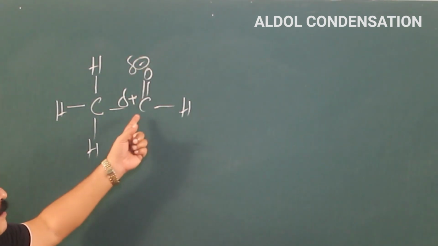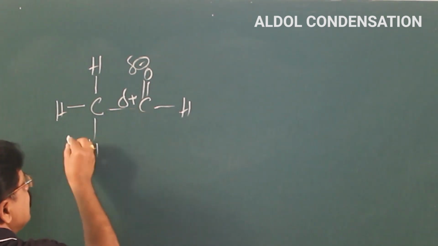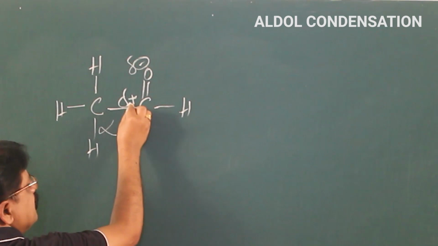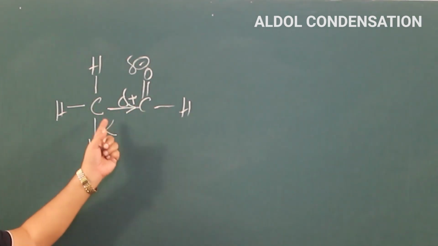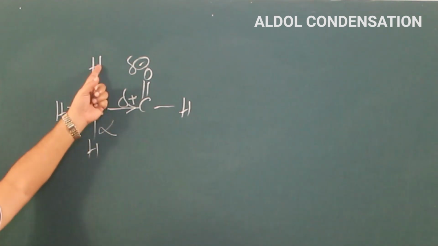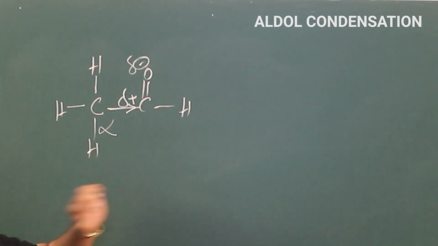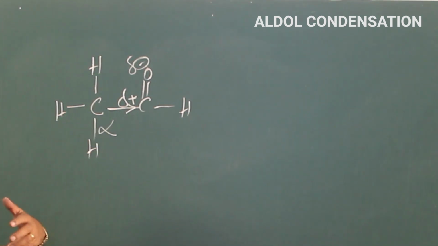The carbonyl carbon is delta plus. Naturally, the neighboring carbon, that is the alpha carbon, will help it. Therefore, this also has a residual positive charge. In turn, the C-H bond, any of these, will become weakened, and therefore, this H can be removed.